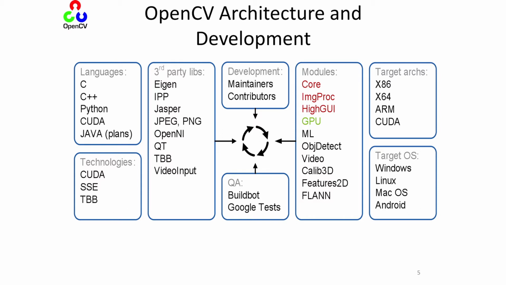Then there's third-party libraries that you can use or interoperate with OpenCV. And on the right, your right, we're breaking OpenCV up into these smaller and smaller modules that are hopefully independent. And we have these target architectures and OSs.